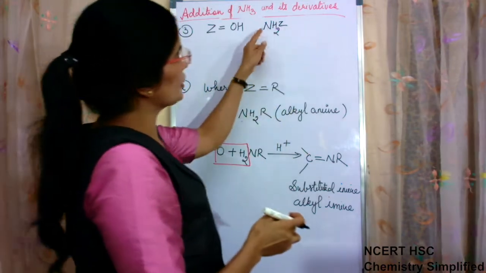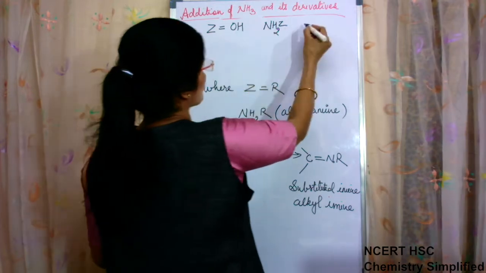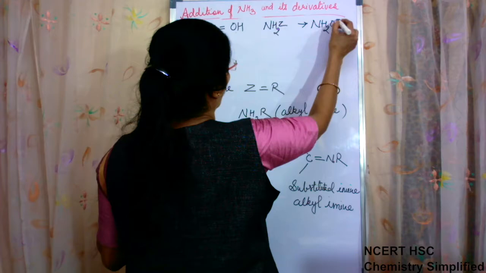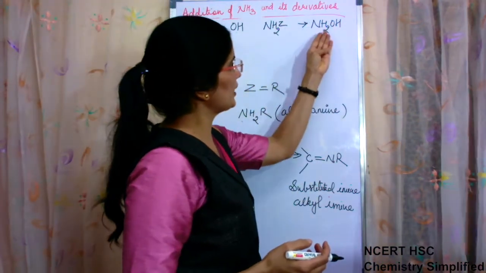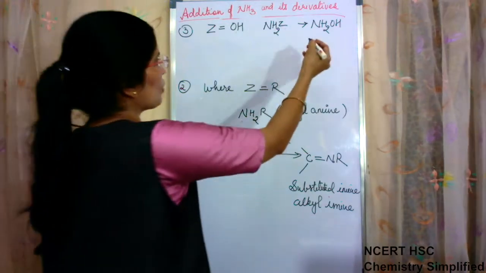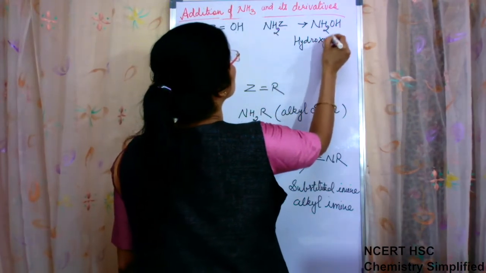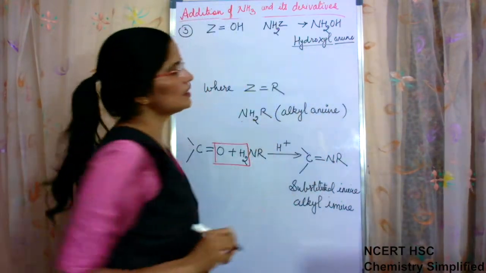NH3 we have converted into NH2Z, and this Z we are saying is OH. So now the reagent here is NH2OH. Ammonia has been converted into NH2OH. The name of this compound is hydroxylamine. This is hydroxylamine.